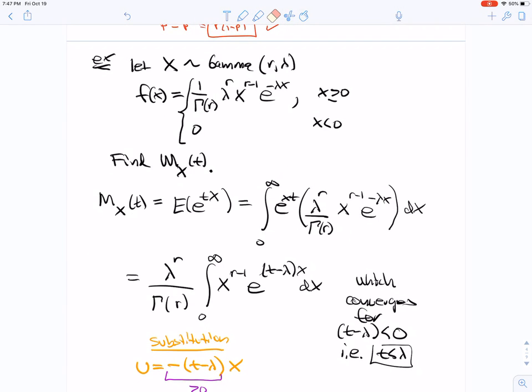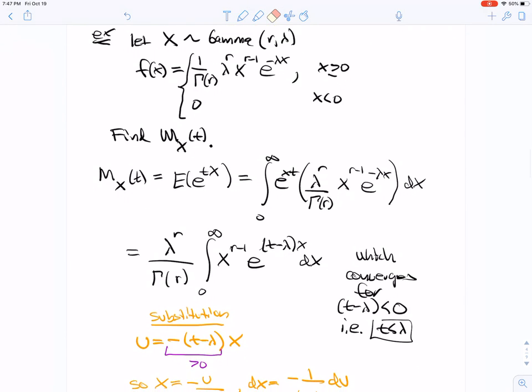Then we did a more complicated example where X is gamma(r, lambda), and we found the moment generating function for the gamma. First we write out the definition, and then we pull out the constants. Remember that the variable here is x.